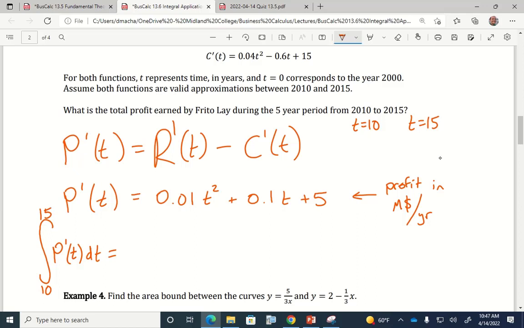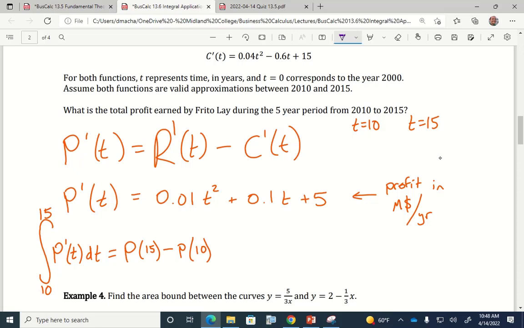To evaluate a definite integral, we take the antiderivative of the inside function. The antiderivative of P prime would just be P. Then I evaluate that at the upper bound, 15, and subtract the same antiderivative evaluated at the lower bound, 10.